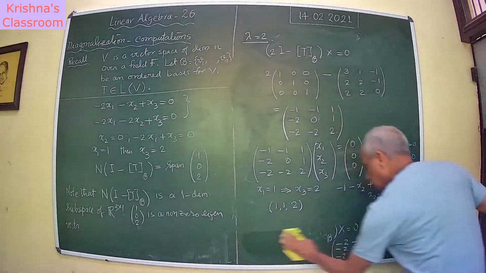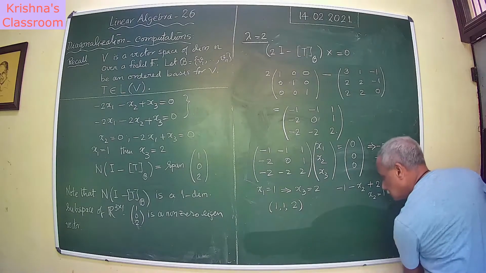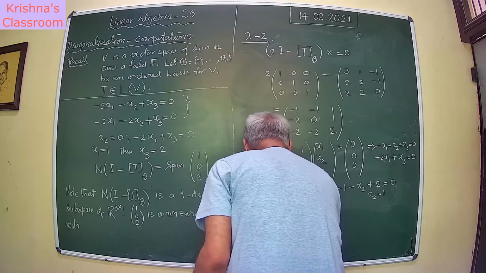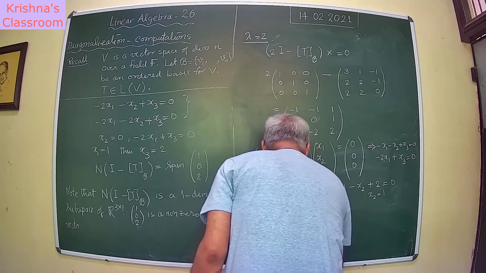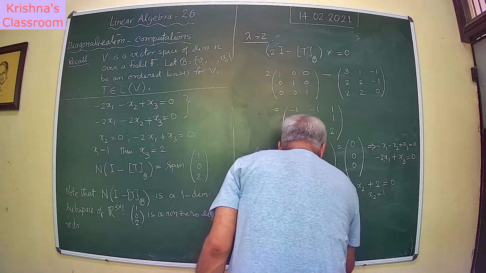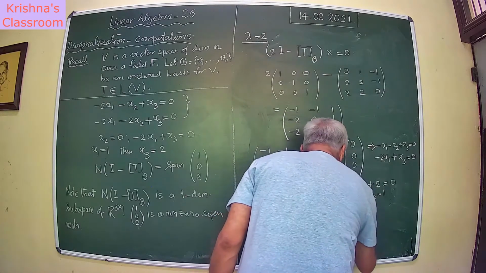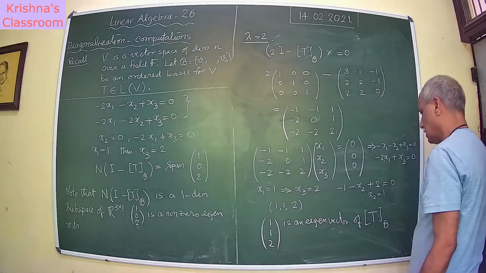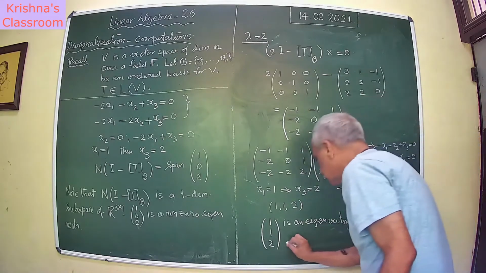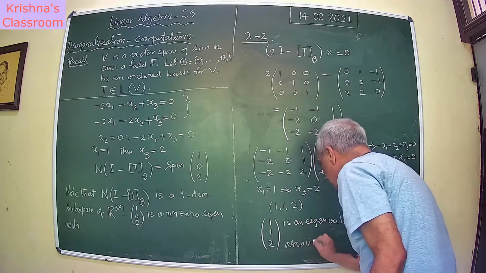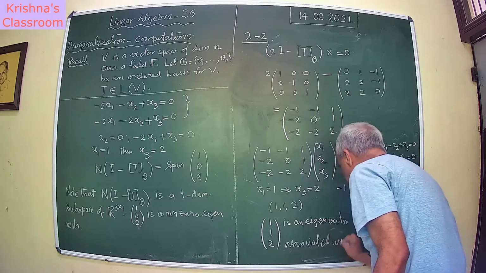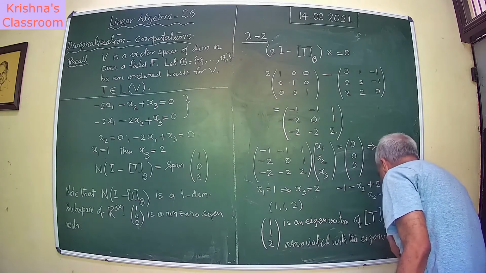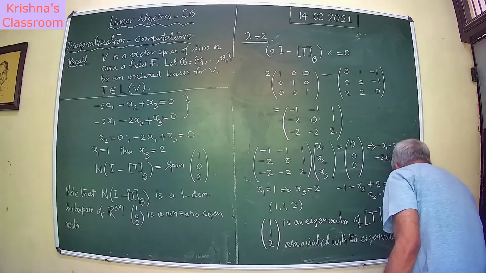Therefore, one, 1, 2 is an eigenvector associated with the eigenvalue 2.